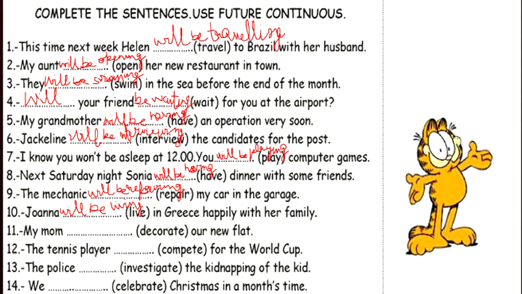Okay. Very good. Now let us see next, dear children. My mom decorate our new flat. Yes, now I am sure you must have learnt this future continuous tense and you can easily attempt these exercises.